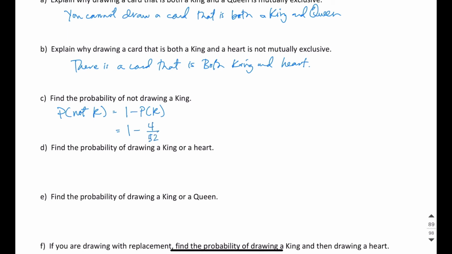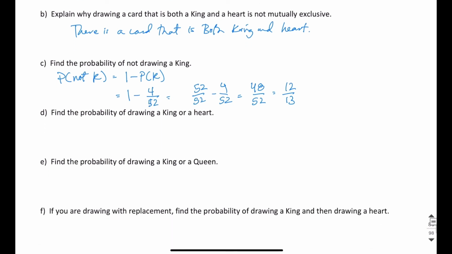So 1 minus 4 out of 52. Since we're subtracting fractions, we can write 1 as 52 over 52 minus 4 over 52, which is 48 over 52. That reduces down to 12 out of 13. So the probability of not drawing a king is 12 out of 13.